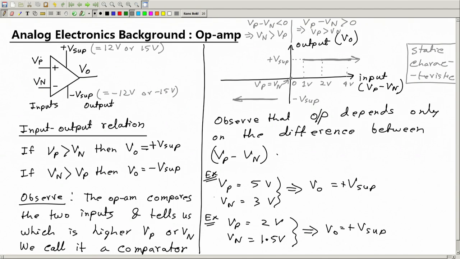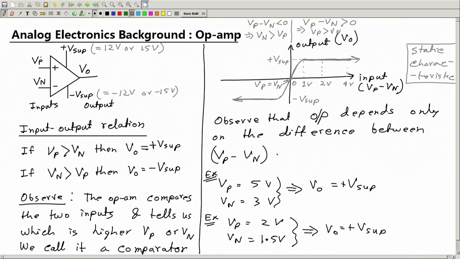The answer is, at this point or close to the region of this point where VP is very close to VN, the output changes slowly from the negative to the positive value, like this.